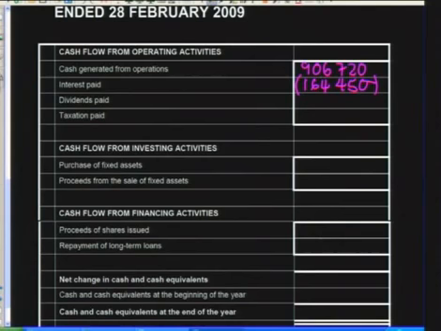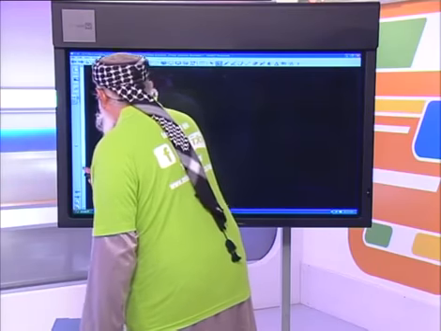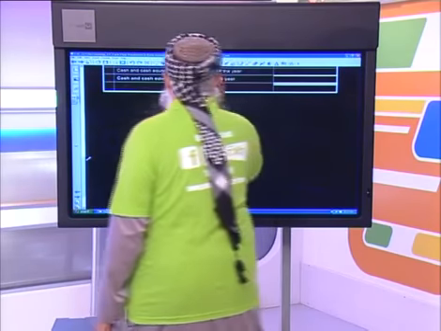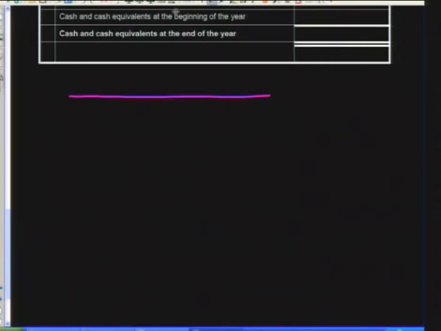Let's get right into this question here, because remember, in order to calculate my dividends paid, what do I need? I need to open up one account here, and that account is my shareholders for dividends.